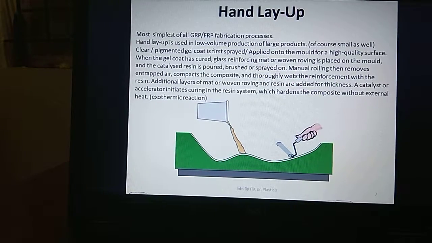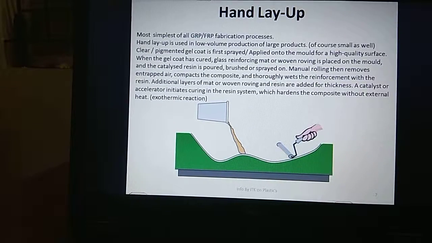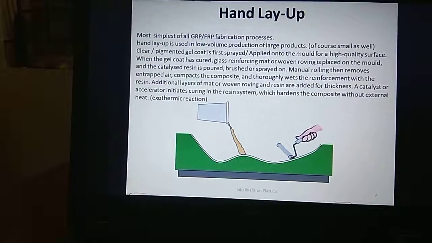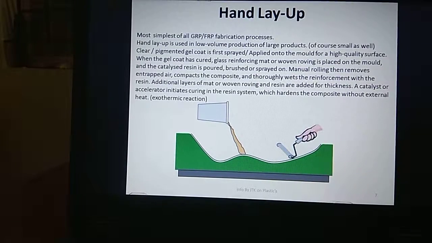Once the gel coat is cured, the glass reinforced mat is placed on the mold and then catalyzed resin is poured, brushed or sprayed on. The manual rolling then removes the entrapped air, compacts the composite, and thoroughly wets the reinforcement with the resin.